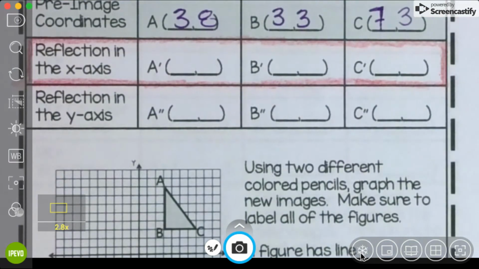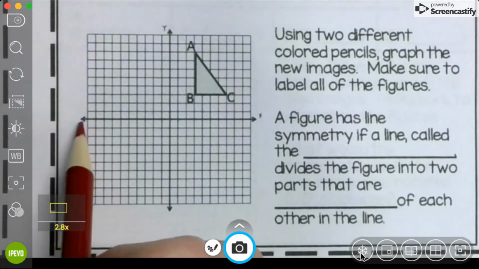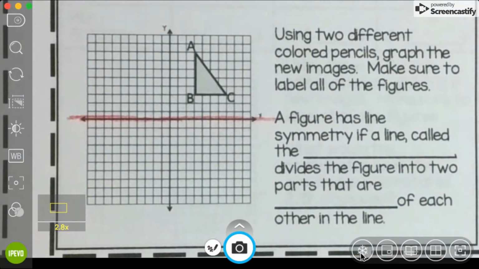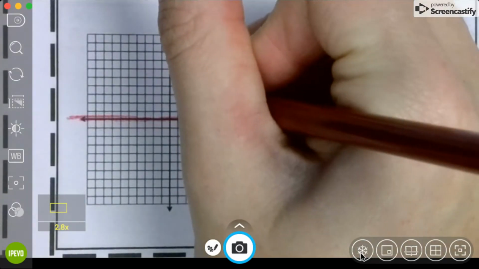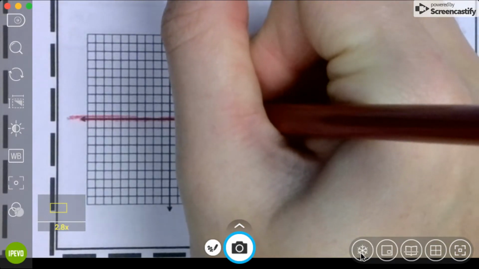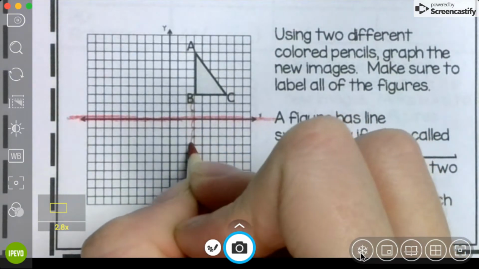When we look at this, this is your x-axis. How many points is B away from the x-axis? 1, 2, 3. So we're going to go 3 the other way. 1, 2, 3.